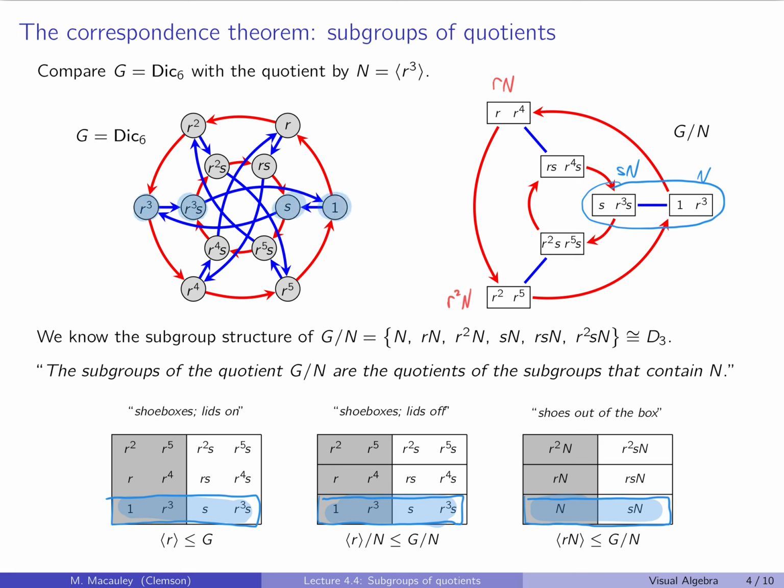So if I take this subgroup of G and I take its quotient by N, then that corresponds to this particular subgroup of the quotient. And that's the correspondence theorem, or at least the first part, the main part.